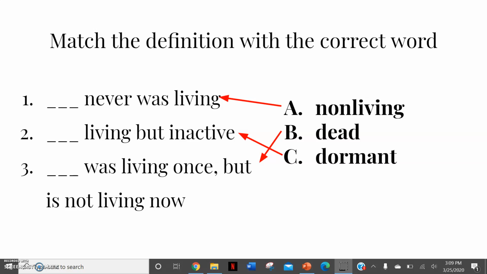Now there is a place in your student pages where it asks you to record the definition for non-living, dead, and dormant. This is where you get those definitions, and this is what you need to record in that space. I also want you to think back to those card sort activities. Are there any you want to change?